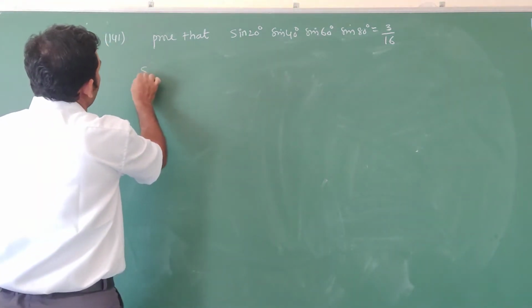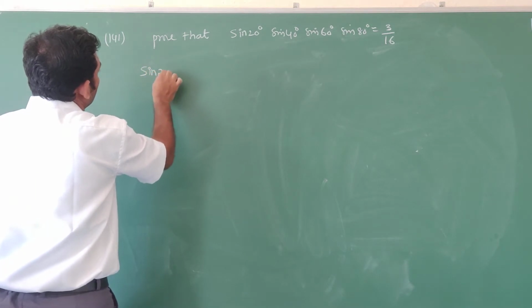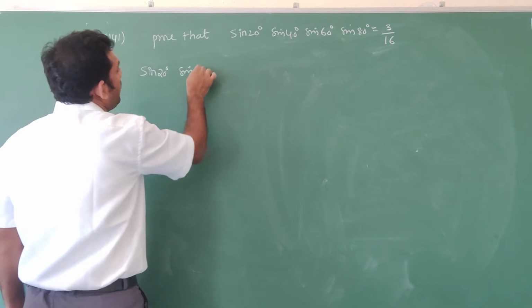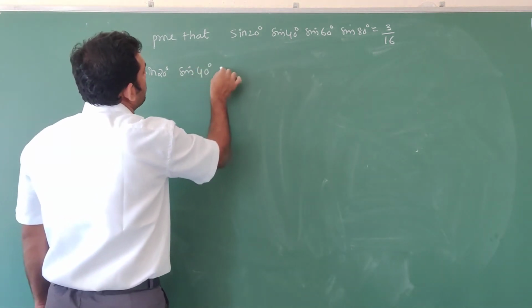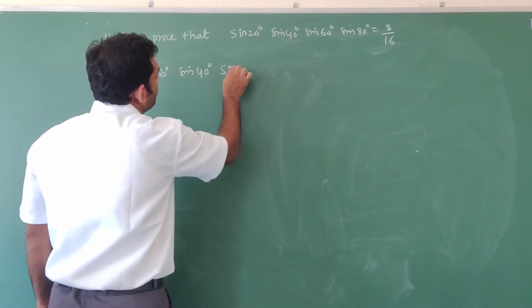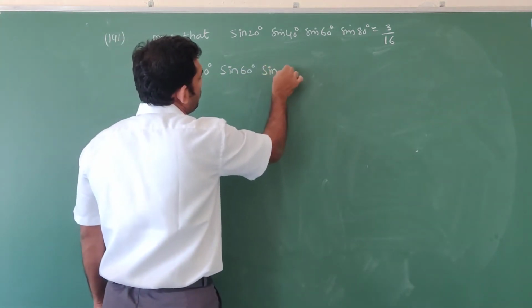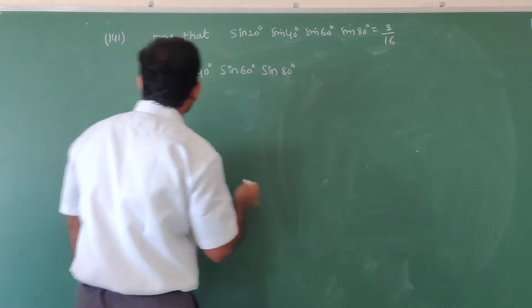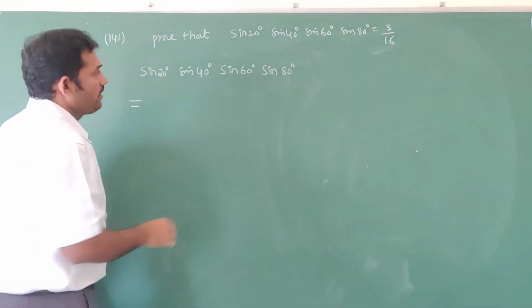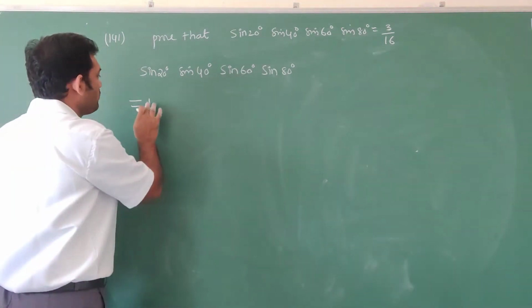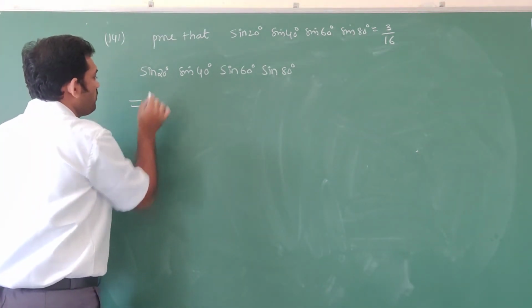So take sin 20 degrees, sin 40 degrees, sin 60 degrees, sin 80 degrees. Sin 60 degrees value, you know that, is root 3 by 2.